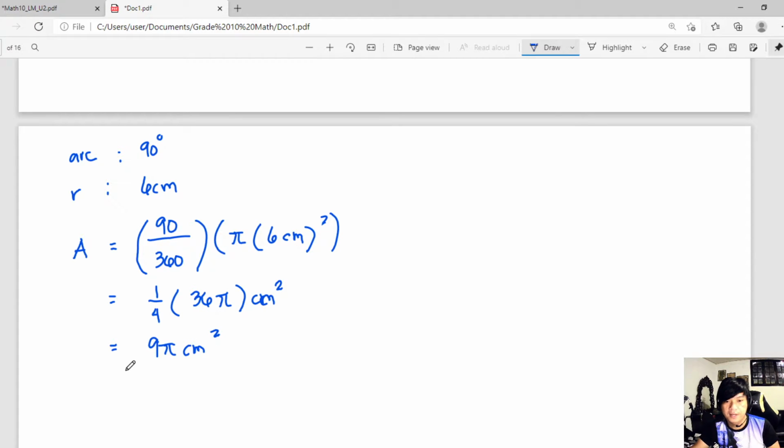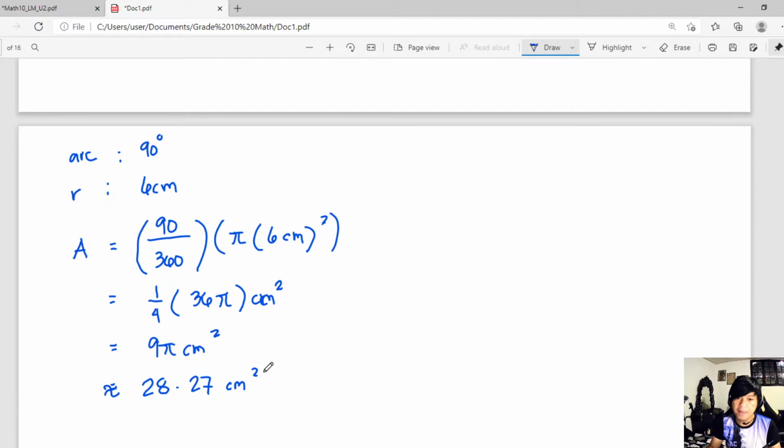So therefore, the measure of the shaded portion is 9 pi centimeter squared, or diba ang pi kasi is 3.1416. Tingnan natin yung decimal niya. So we have 28. Approximately the measure of our sector is 28.27 centimeter squared.